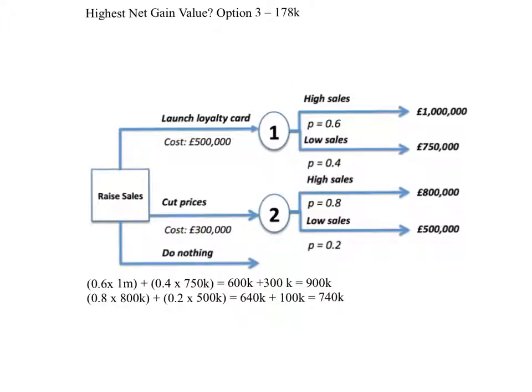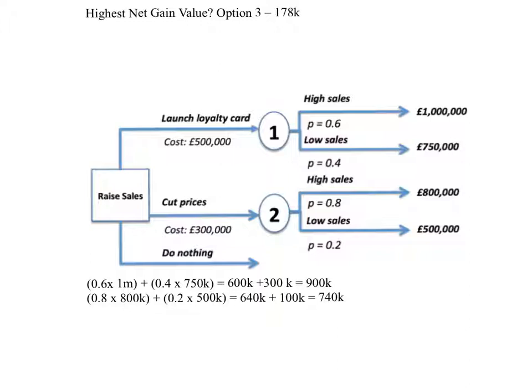For this second question, you had launch a loyalty card or cut prices. What you should have found is, for launch a loyalty card, £900,000, and for cutting prices, a potential return of 740,000. Now to get the net gain value, you just minus 500,000 off 900,000, so that would be £400,000.